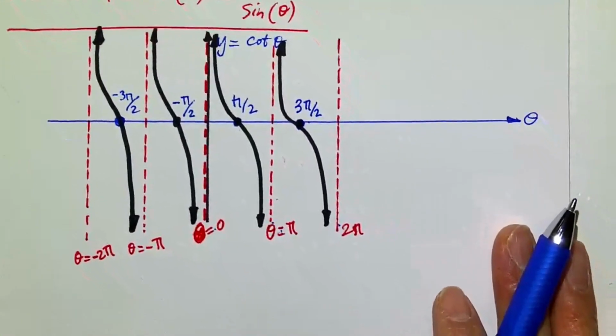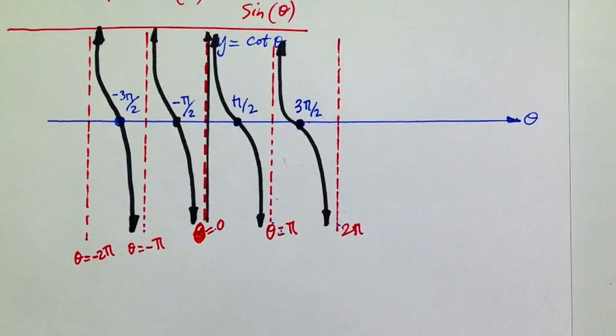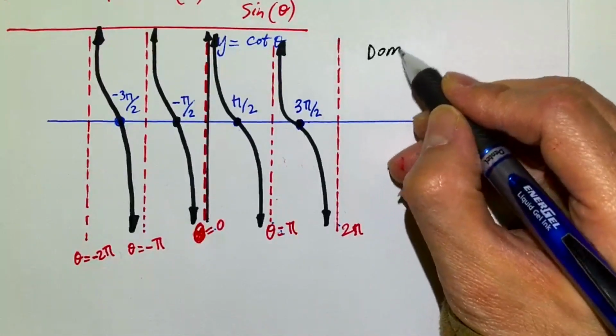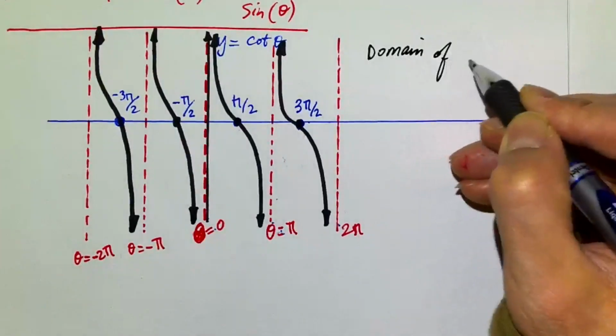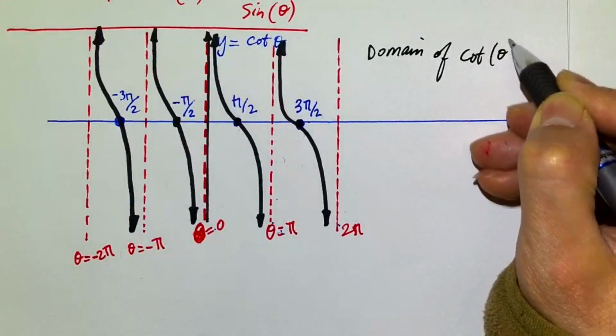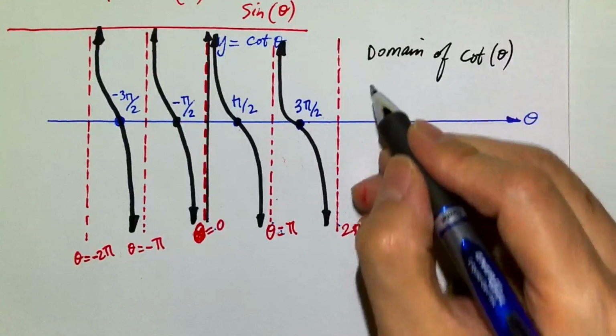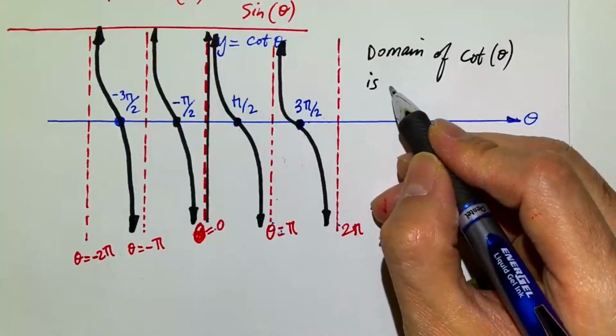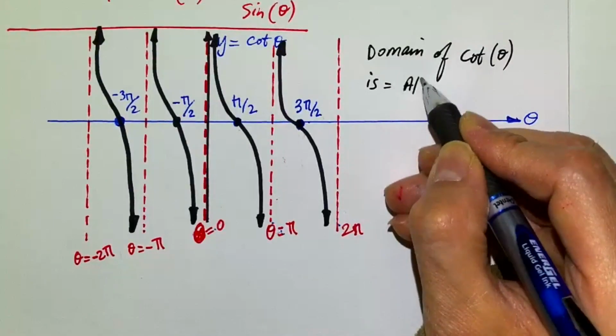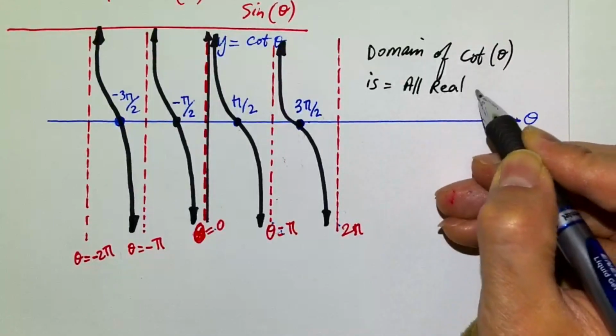This is how. We say that the domain of the cotangent of theta is equal to all real numbers.